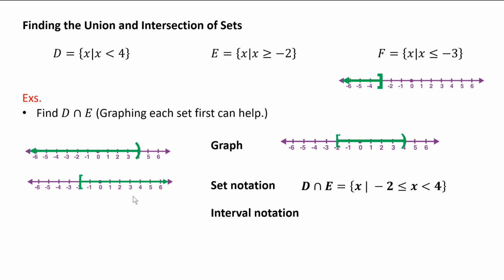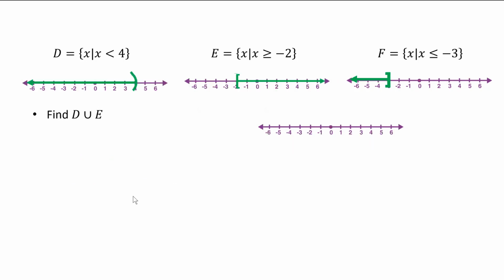And then set notation for that would be D intersect E is equal to the set of all x such that x is greater than or equal to -2 and less than 4. And then for the interval notation, it's going to be -2 to 4 with a bracket on the -2 side because we're including -2, greater than or equal to -2. All right, now we want to do D union E.